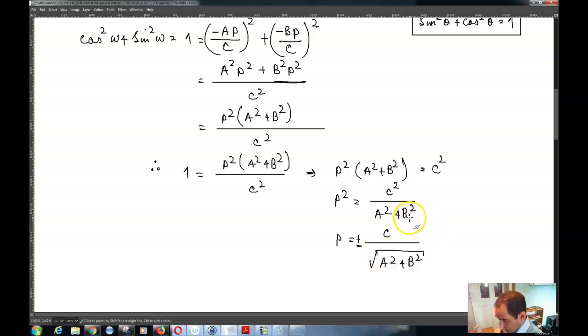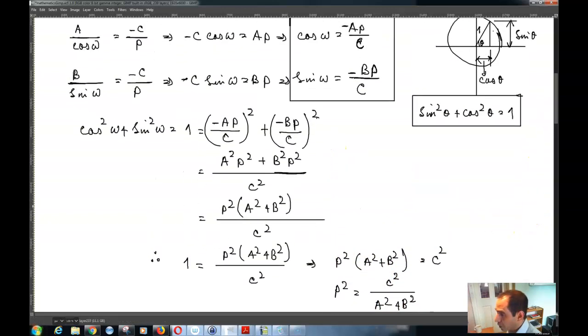Okay, so now this way you can calculate. This is one thing that you can use while you're working with your lines.